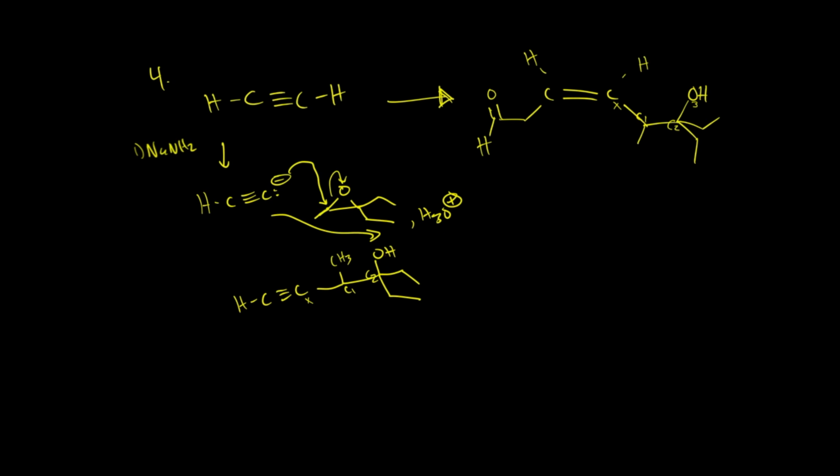To do the left side, same thing. Let's do NaNH2. Let's react it with an epoxide. So in this case, I see CX, 1, 2, O is number 3. So I'm going to do epoxide. In this case, off of number 1 here, I only have H's, right?